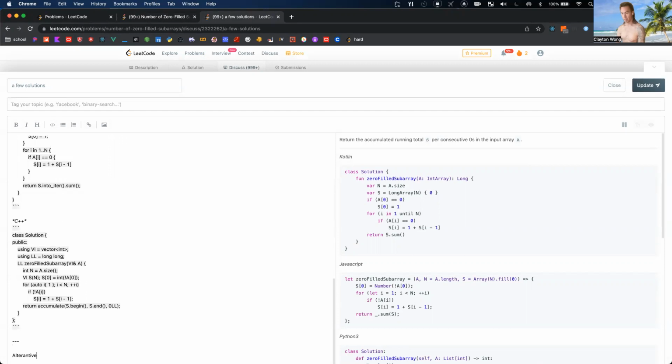Yeah, alternatively, we can use two pointers.